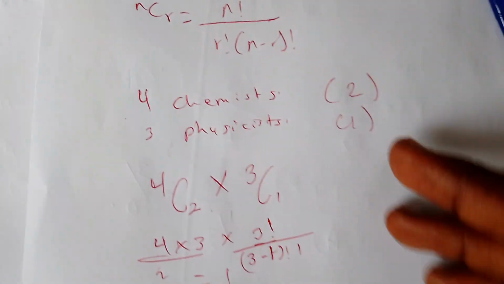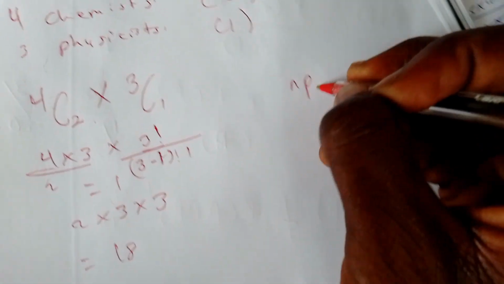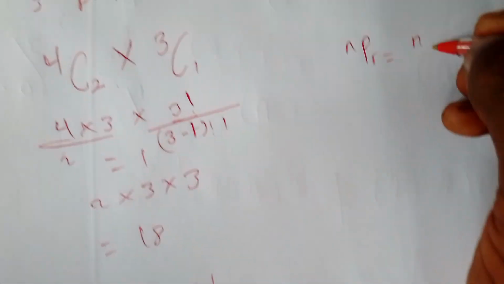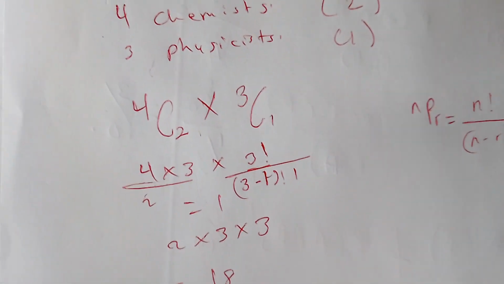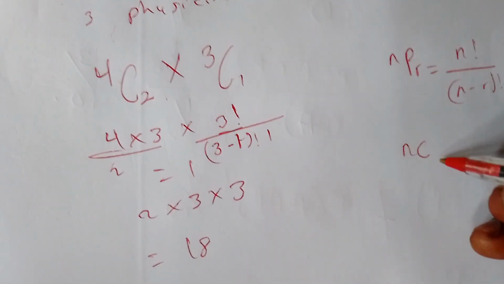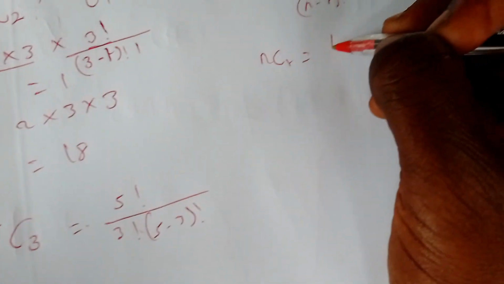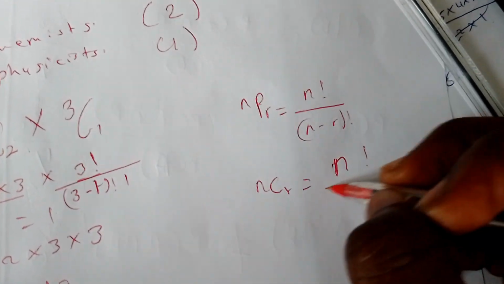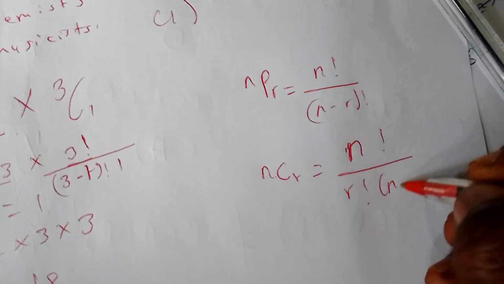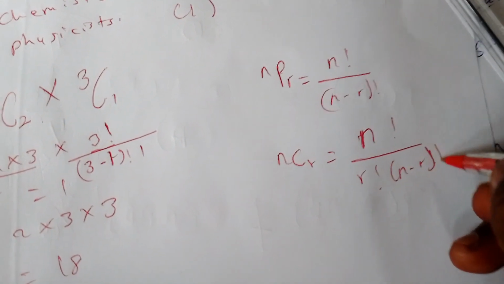Look at their formulas. n permutation r is n factorial over n minus r factorial, and n combination r is n factorial over r factorial times n minus r factorial.